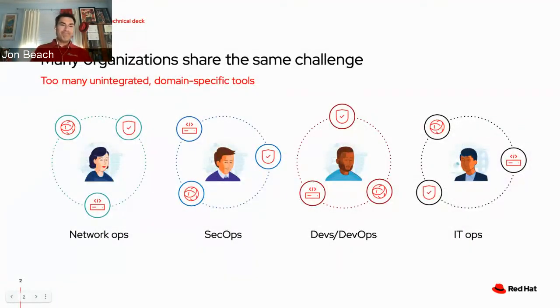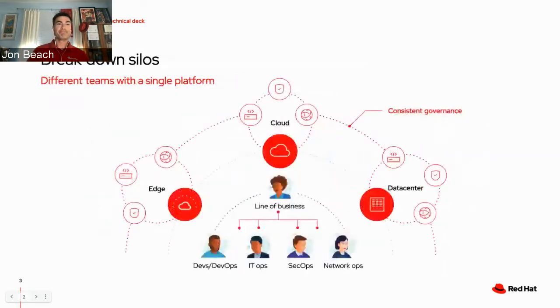In many IT teams, it's common to have multiple domain-specific tools. Your SecOps teams are going to have a different set of tools, your network team, obviously a different set, and your security team, a totally different set. What Ansible does is bring them together so you just use one common tool.